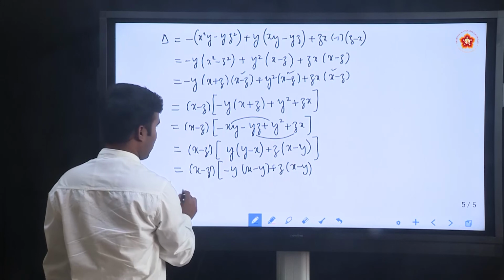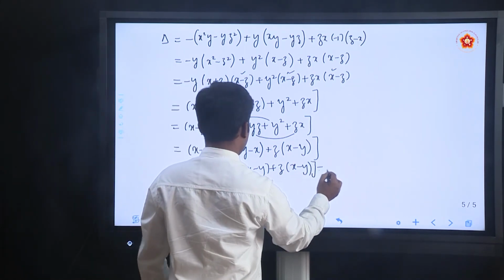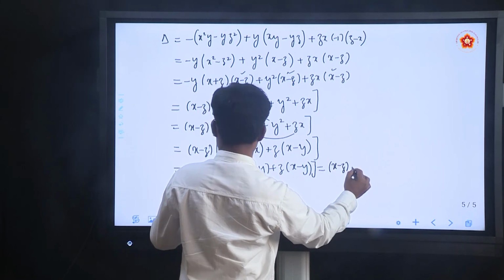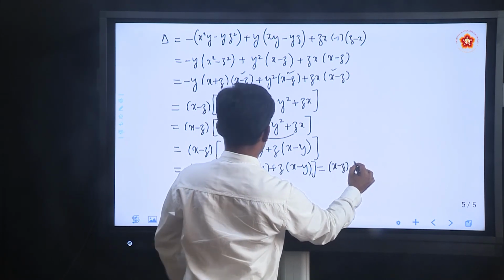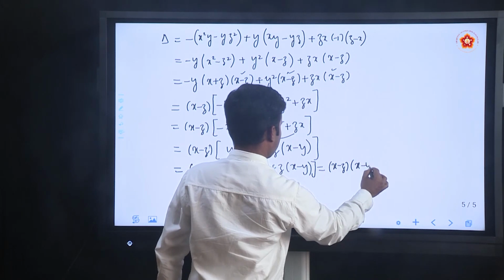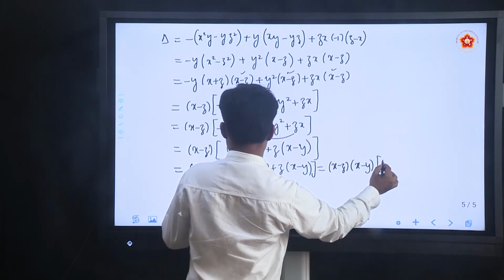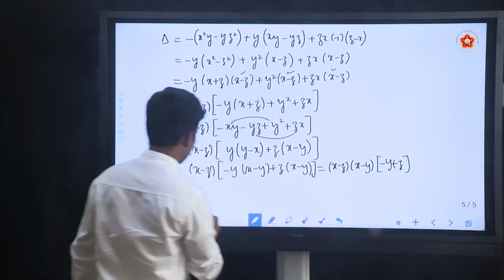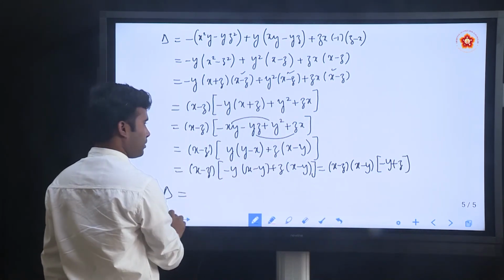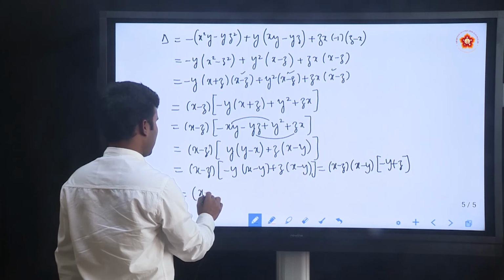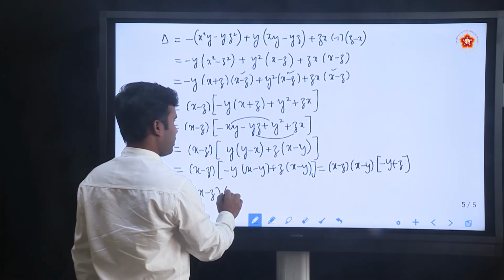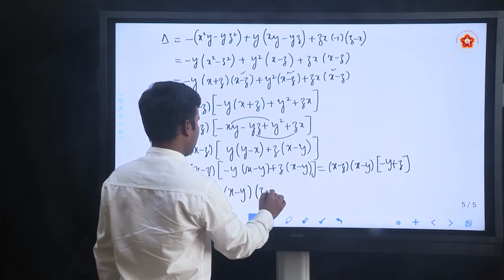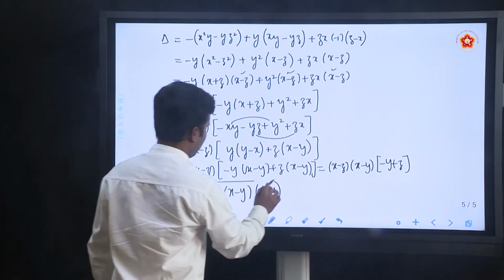You can simplify some more. Which is x minus z into, x minus y is common, you can take x minus y as a common term, and what you are left with is minus y plus z. Finally, delta is equal to x minus z and x minus y into z minus y. This is the value of the determinant.